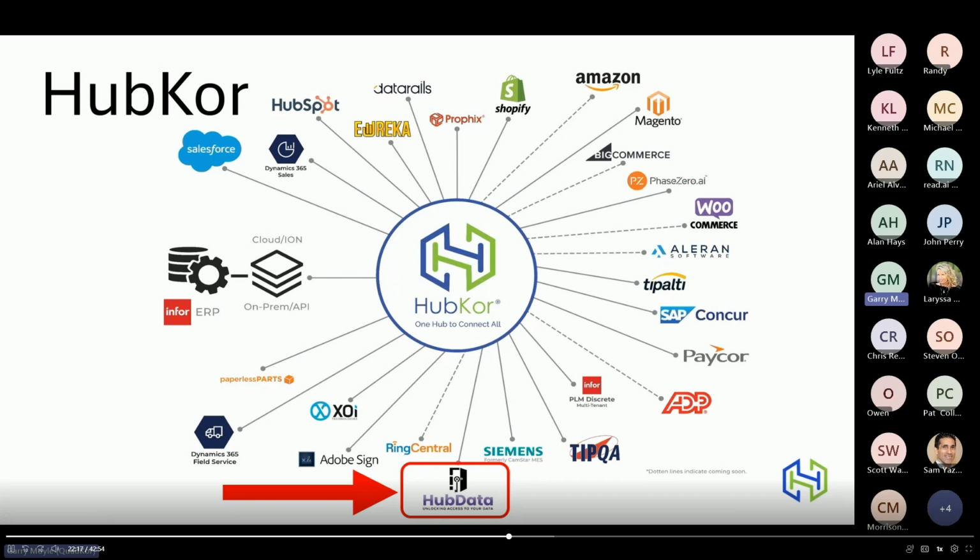It was his choice for his financial systems. And he came to us and said, you know what, I can't connect in the way I would like to my data. He's a cloud customer, by the way, Sightline Cloud. He had heavy investment in Data Rails, and he asked us to create a HubData for him. And that's what we did.